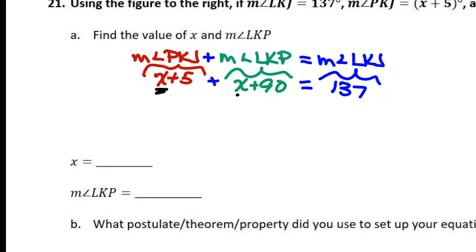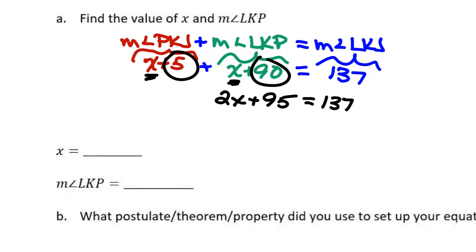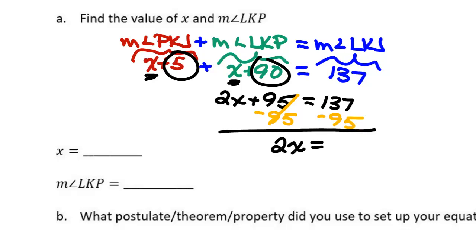So I would combine my like terms together. I would get 2x plus 95 equals 137. Then I would subtract 95 from both sides. What is 137 minus 95? 42.